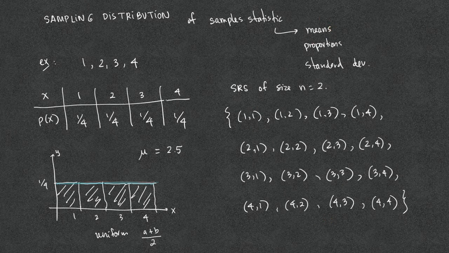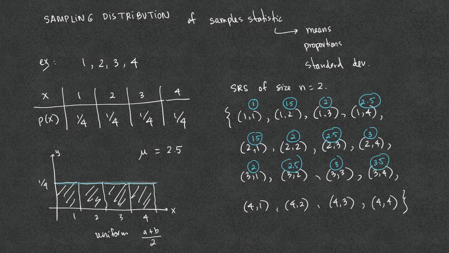The first sample, 1, 1, has the mean or average of 1 because 1 plus 1 over 2 is 1. The next sample has the mean of 1.5, 2, 2.5, then 1.5, 2, 2.5, 3, then 2, 2.5, 3, 3.5.